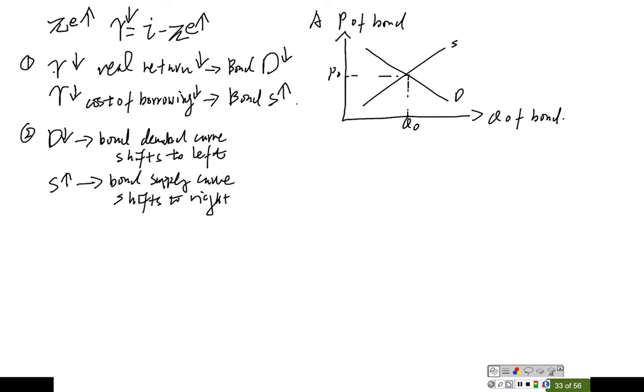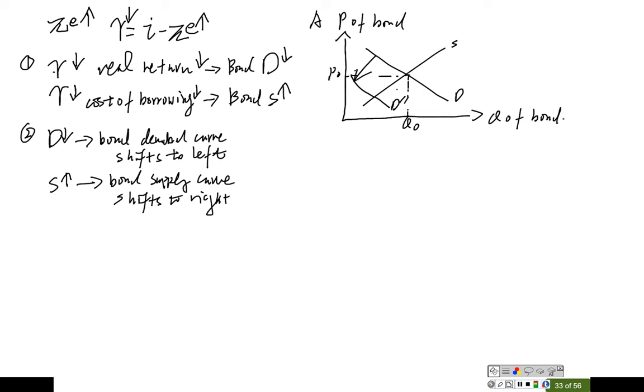We know the bond demand curve will shift to the left, but we don't know how much. So let's assume the bond demand curve shifts to the left a lot. This is D prime. You can see the size of the shift is big.